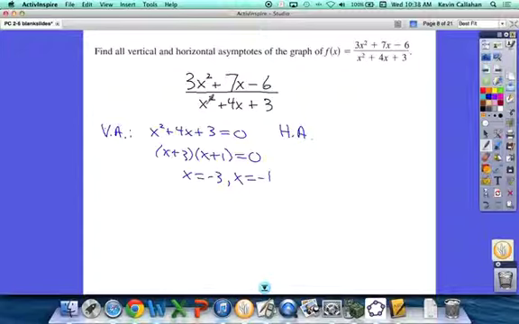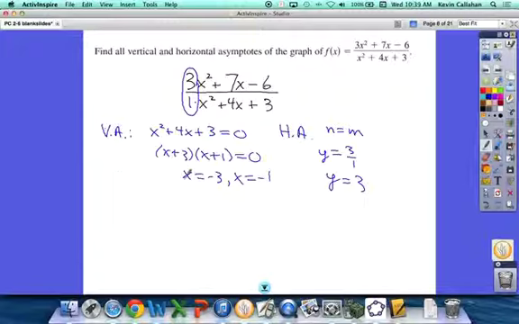This is the situation where n equals m. They have the same degree. So what does the rule say? It should be the ratio of the coefficients of the highest degree terms. y equals 3 over 1, or y equals 3. Done.